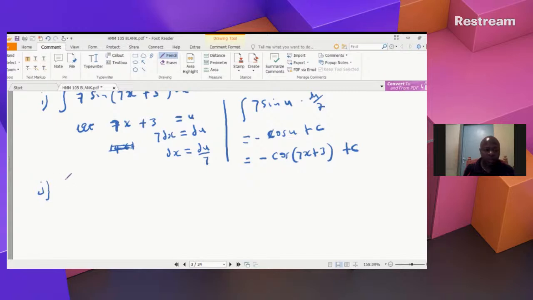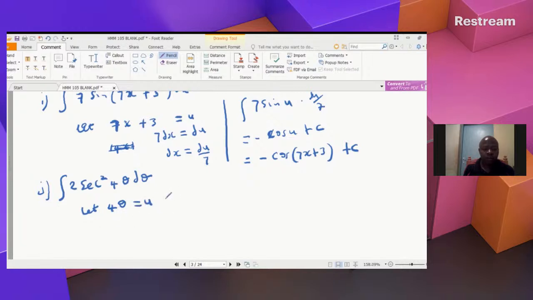So I want the integral of 2 sec squared 4 theta d theta. So what we would do, we would say let 4 theta be u.